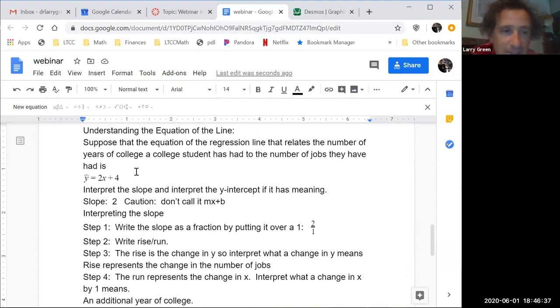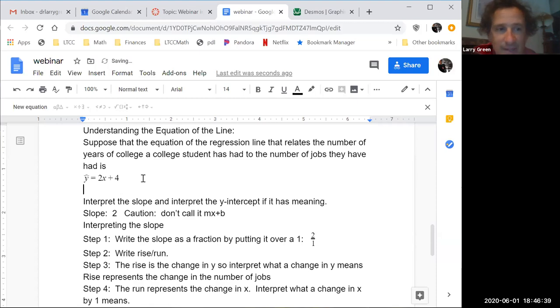I'm going to put the equation above it so we can actually see the line at the same time. Let's interpret the y-intercept. I'm not sure how this slope 2 came over here. I didn't put it there.